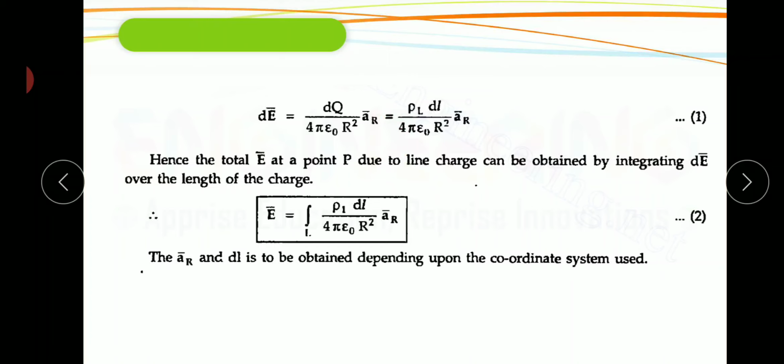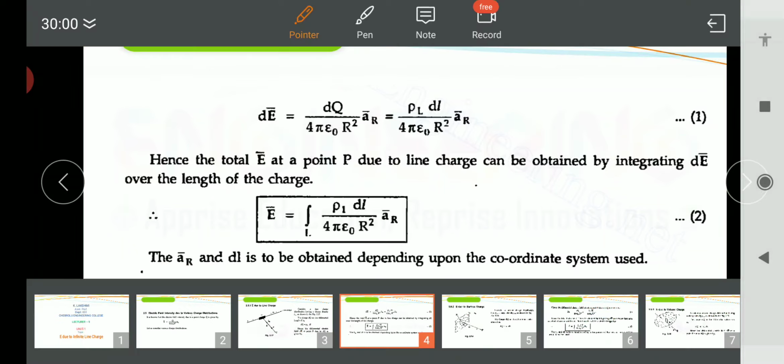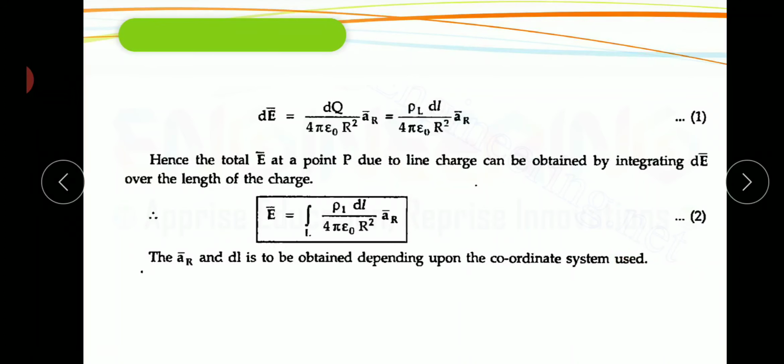Here AR bar is the unit vector along the line joining dl and point P, and dl is obtained depending upon the coordinate system used, whether it is Cartesian, spherical or cylindrical, and also by applying limit values on integrating this equation, we get the value for electric field intensity at the point P due to this line charge.